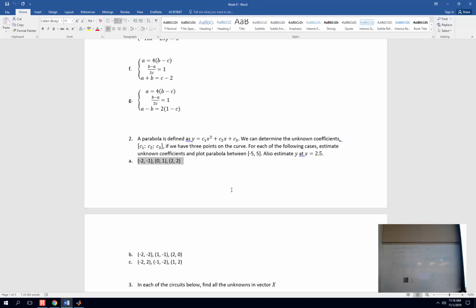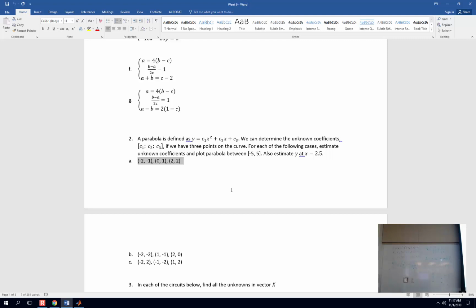So instead of writing all this, I can use the equation to create my matrix A. What is my vector B? Negative 1, 1, 2. Yes, that's equal to y.